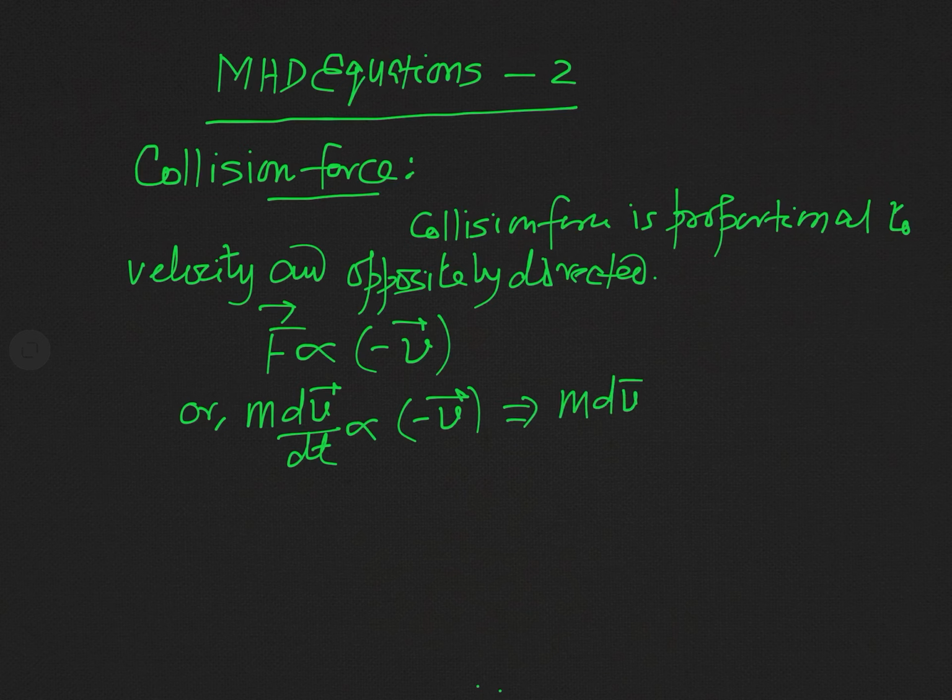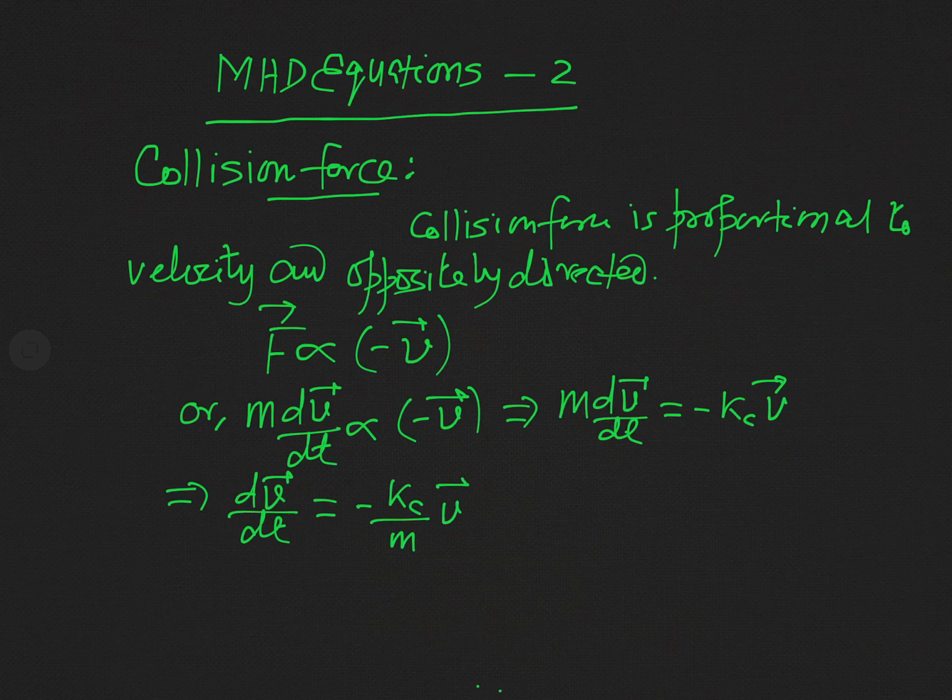So m dv by dt will be equal to minus Kc into V. The subscript c refers to collision, and therefore dV by dt will be equal to minus Kc over m into V. This term Kc by m has dimensions of frequency, and so we denote this ratio as nu c, giving minus nu c into V.